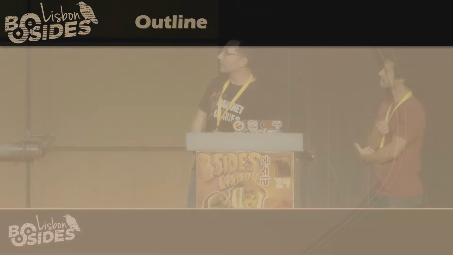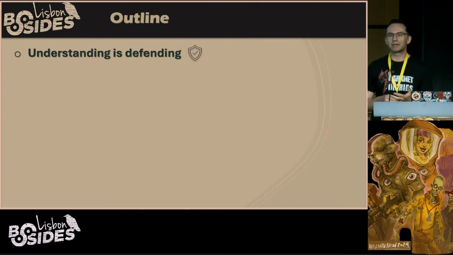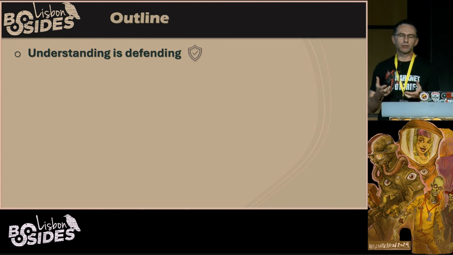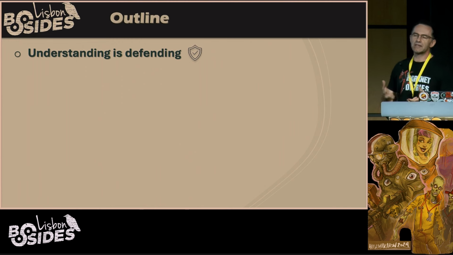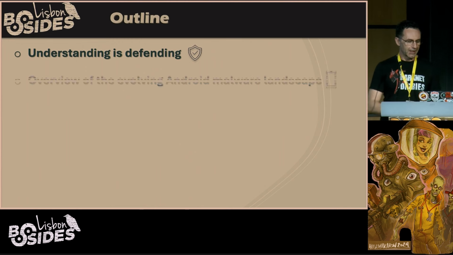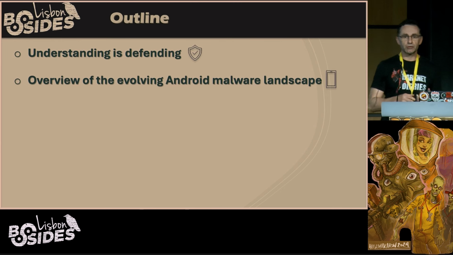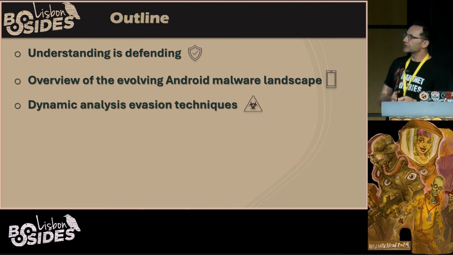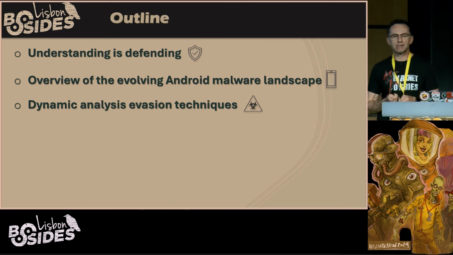All right, so let's jump right into the outline of this briefing. First of all, we're going to talk about the core principle of understanding is defending, and here we're going to see how important it is getting to know how the malware works, since this can help us to defend against it. And then we're going to take a look at the modern Android malware landscape. We're going to see what's new in the Android ecosystem when it comes to malware. After that, we're going to see some dynamic analysis evasion techniques.